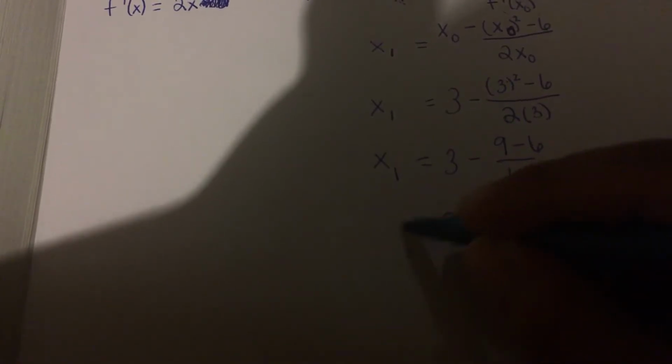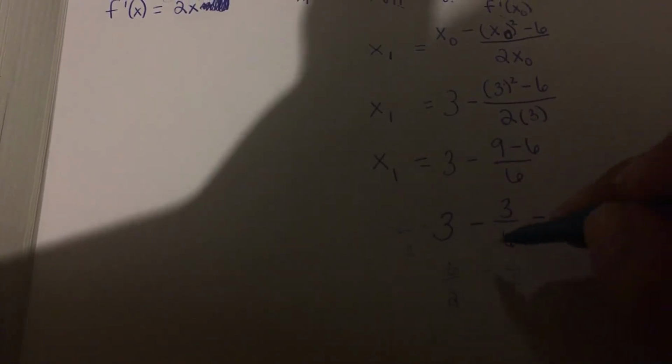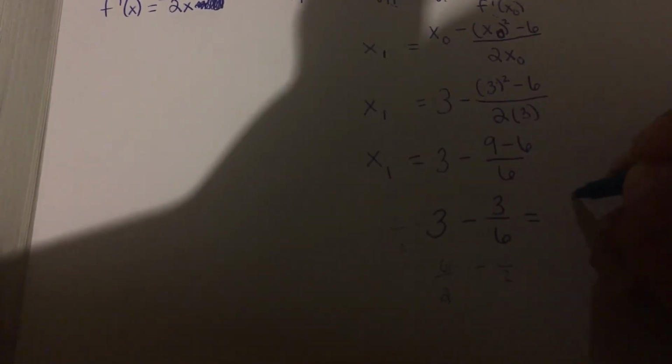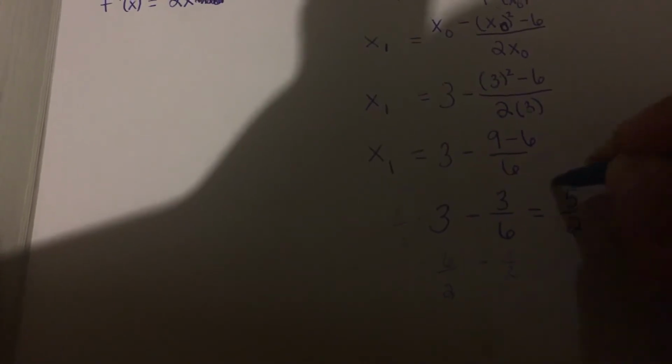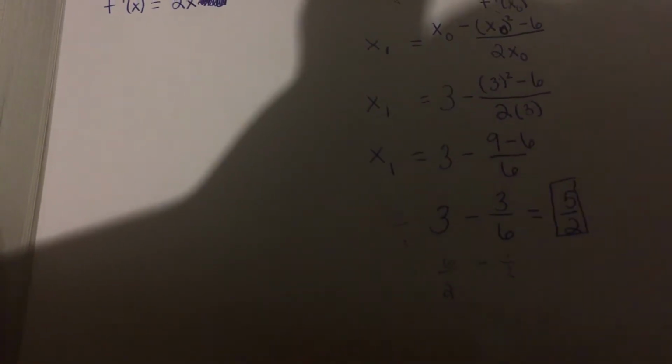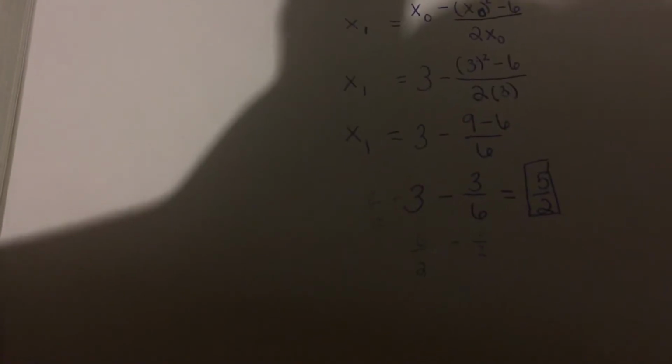So 3 multiplied by 2, 6 over 2, 6 minus 1 is 5 over 2. And 5 over 2 is basically saying 2.5. So that is our x sub 1, which we found is equal to 2.5.